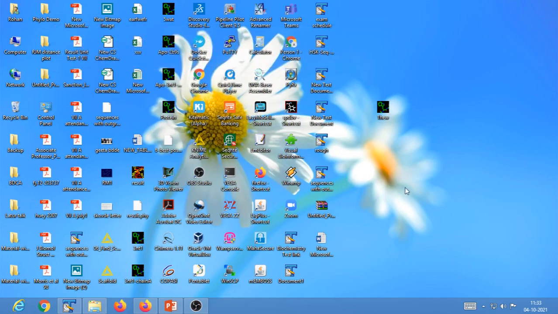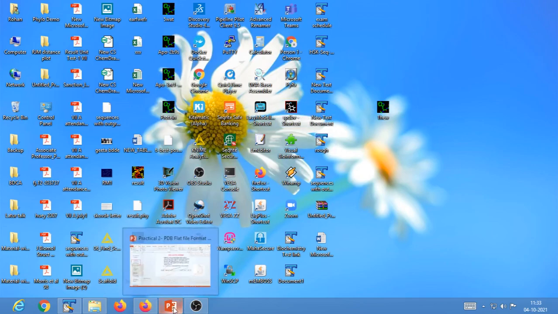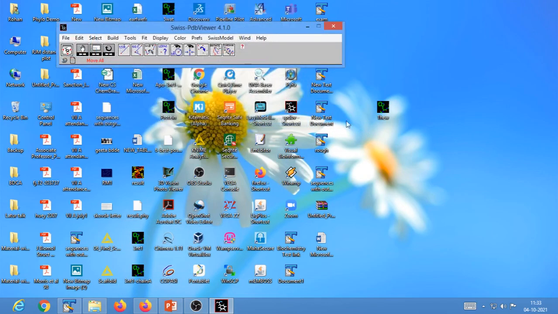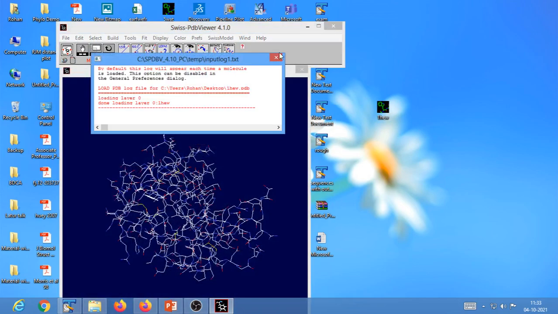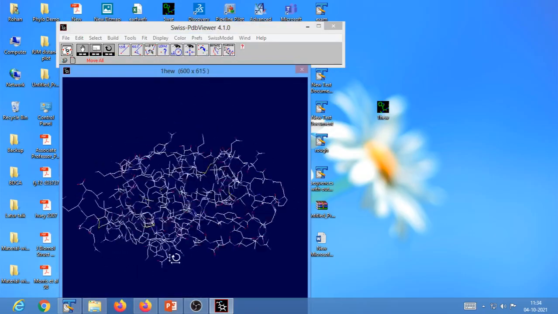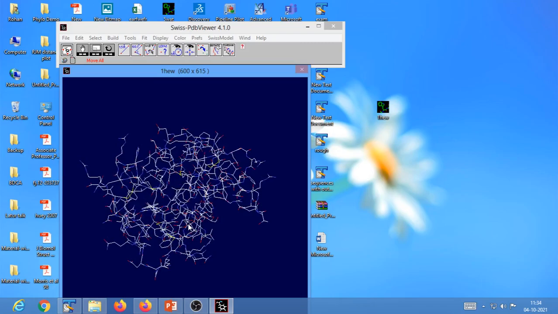Okay, so we would use this SPDBV in a more extensive way in our upcoming practicals. But the main objective of today's practical is not visualization, but to understand how data is arranged in your PDB file. Say, for example, you can visualize any of your molecules just by dragging and dropping it into your SPDBV, and it generates a beautiful three-dimensional model. But this is not what we want to do today.